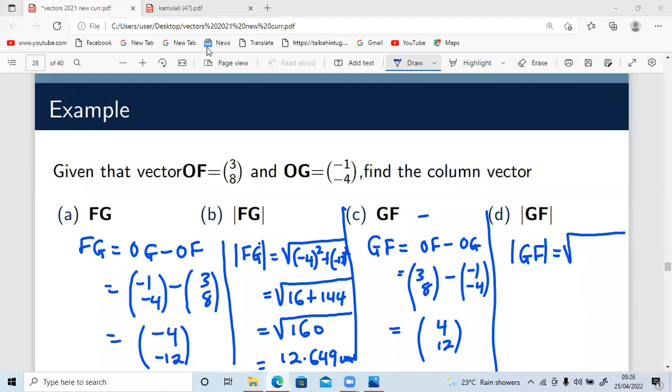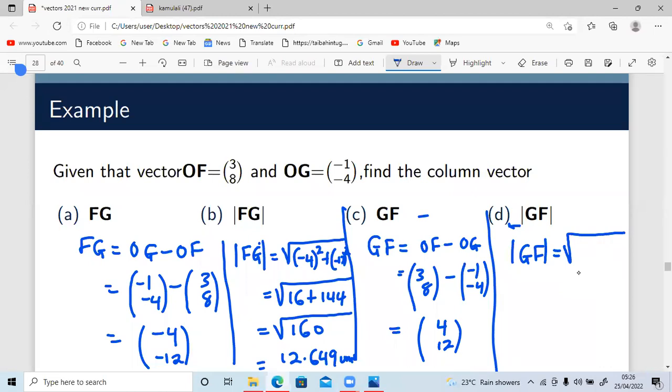William, let us have William. Yes, sir. Okay, William, tell us, how are you getting the magnitude? We shall use the answer we got from this.